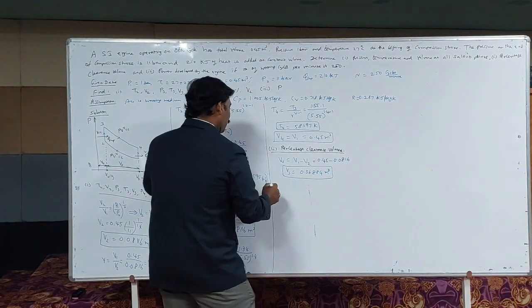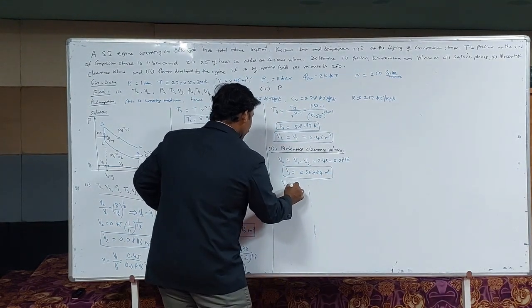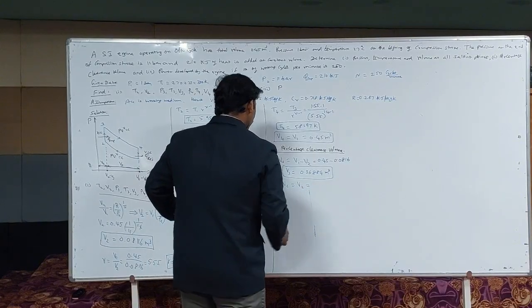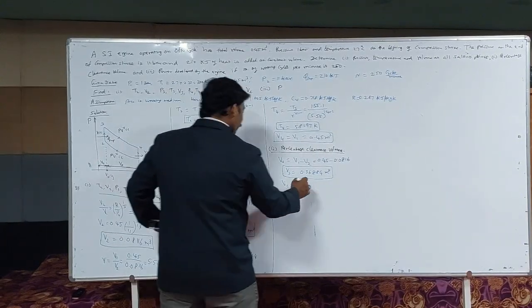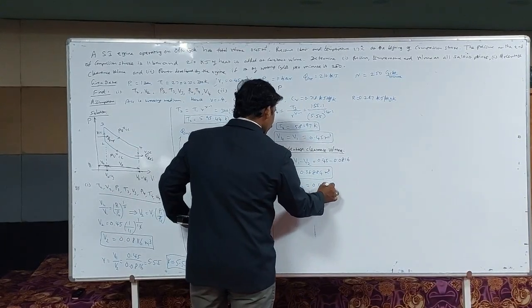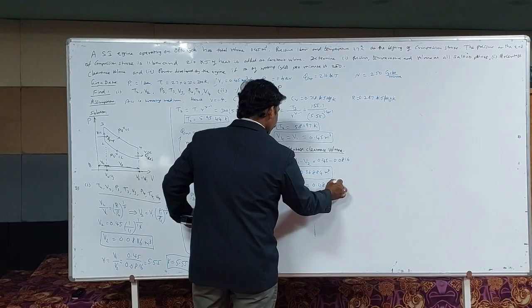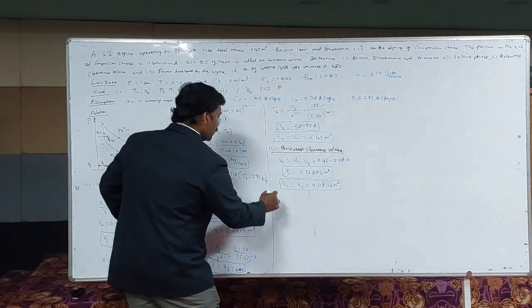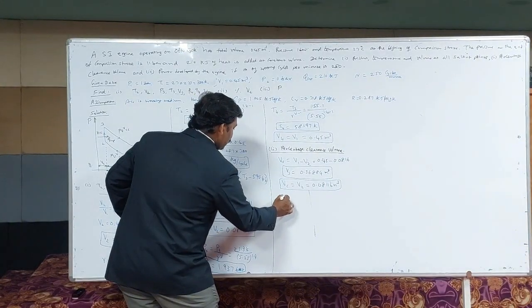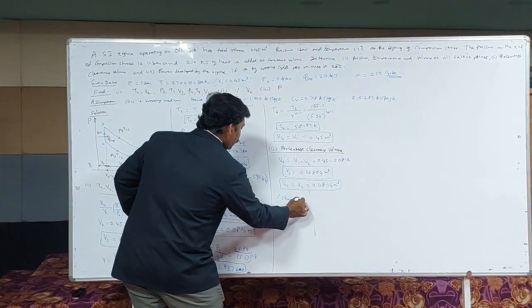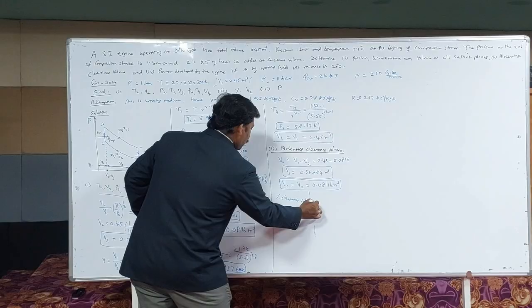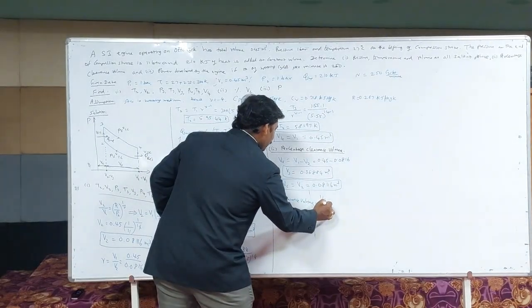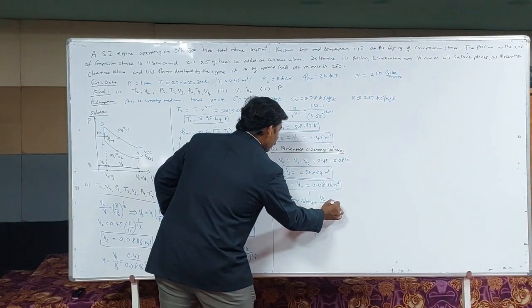And then we have to find out the clearance volume. Clearance volume Vc is equal to V2, that is 0.08116 meter cube. So we have to find the percentage clearance volume. Percentage clearance volume is equal to Vc by Vs into 100.